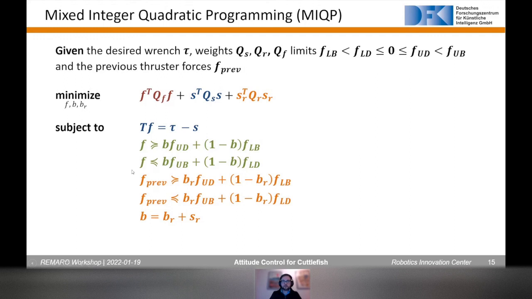In a similar way, we take care of the thrust reversal. We have this F previous, which is given by whatever thruster force we have been producing until this point, or say the last one, so the direction it is currently running.